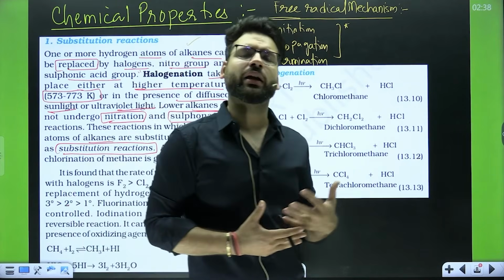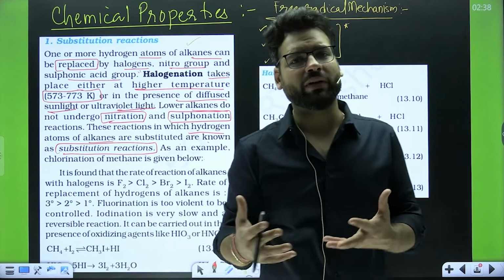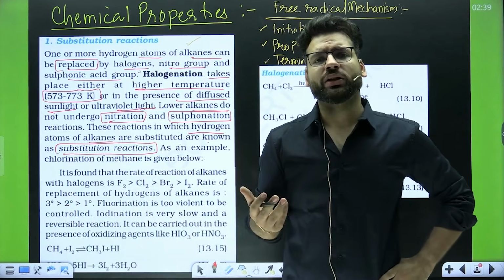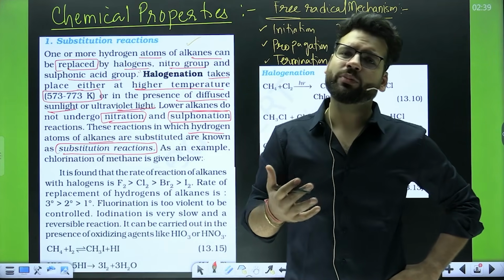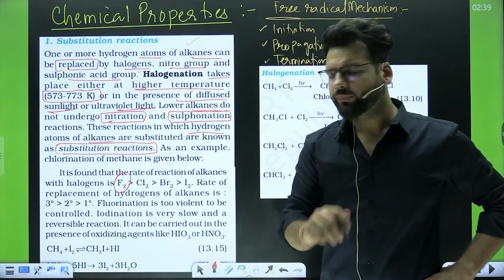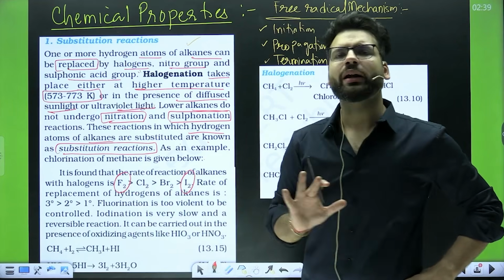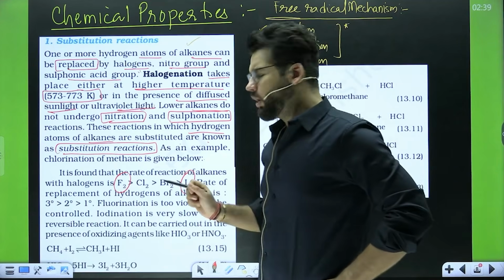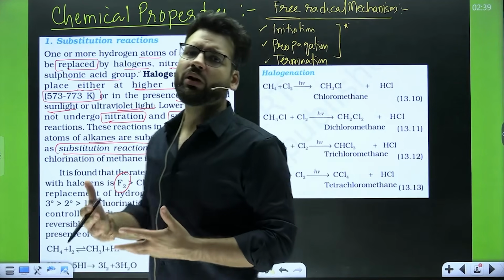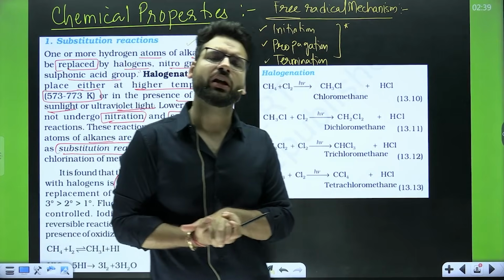You studied in group 17 that fluorine is the best oxidizing agent. It has the highest SRP, so it's most reactive in nature. So fluorination is explosive, remember it. Iodination is slow and reversible. So to do iodination, we take help of external agents, which are oxidizing agents like HNO3 or HIO3.